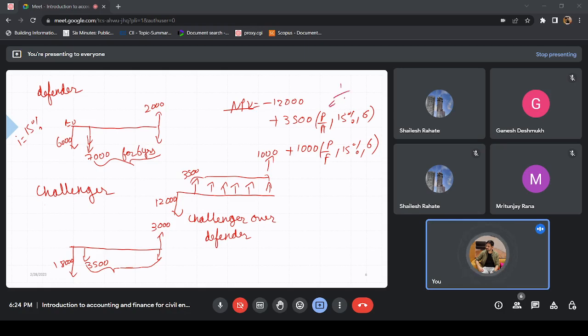So this is 1 by 0.2642, and for P given F, you can have P by A into A by F, right? So A by F you have 0.1142. So what is the NPV in this case? Can you calculate?